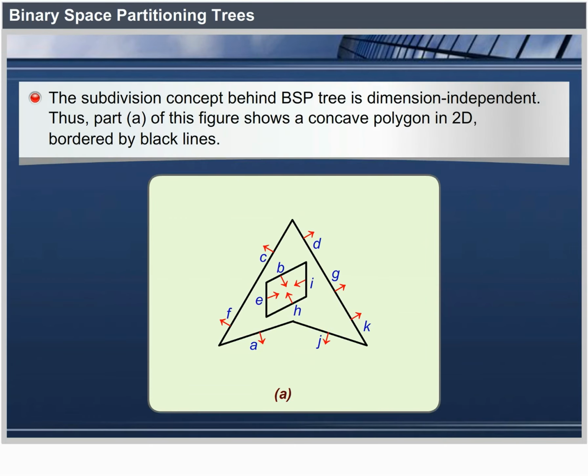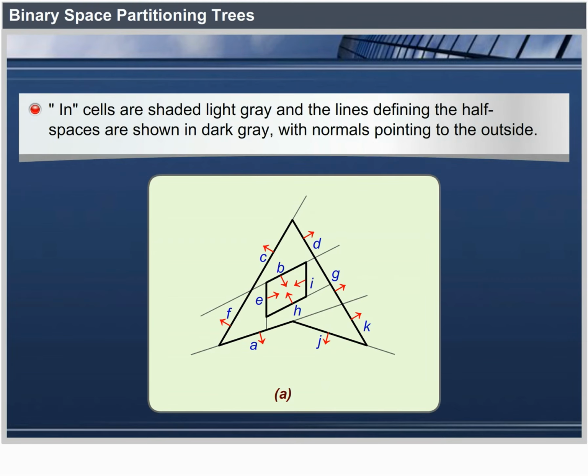The subdivision concept behind BSP tree is dimension independent. Thus, part A of this figure shows a concave polygon in 2D bordered by black lines. In cells are shaded light gray, and the lines defining half spaces are shown in dark gray, with normals pointing to the outside.